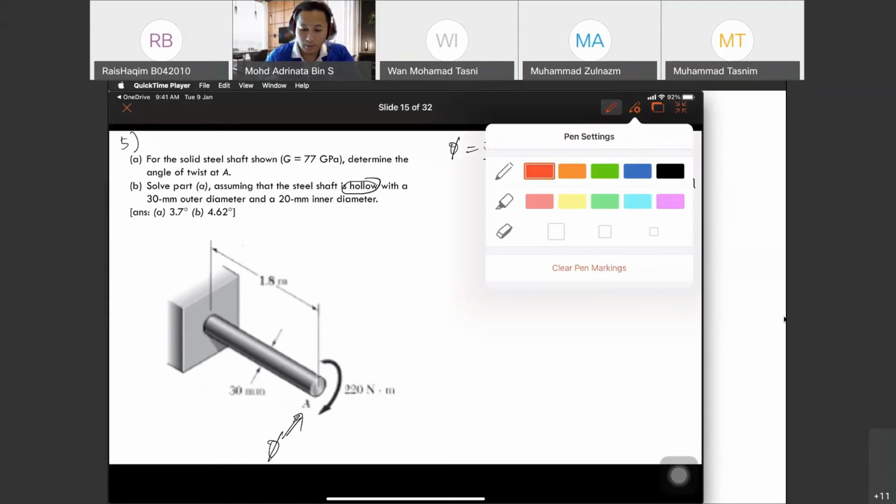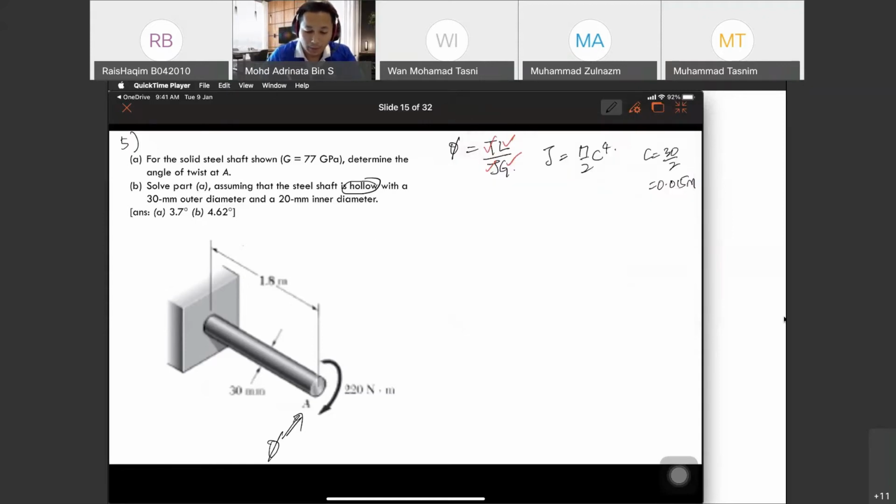Direct je ni. Okay. So for A, kita ada phi is equals to TL over JG equals to T is 220 Newton meter. L is equals to 1.8 meter divided by J, so kena cari J lah.